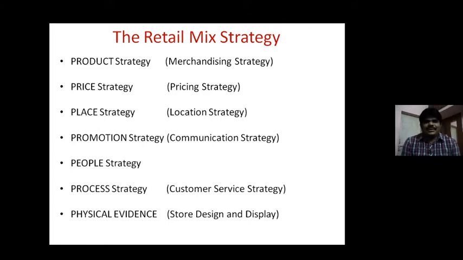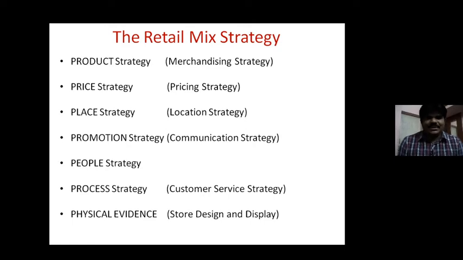So this product, price, place, promotion, people, process, physical evidence, they are also called the services marketing mix. And the merchandising strategy, pricing strategy, location strategy, communication strategy, customer service strategy, store design and display strategy will be the part of the retail mix strategy.